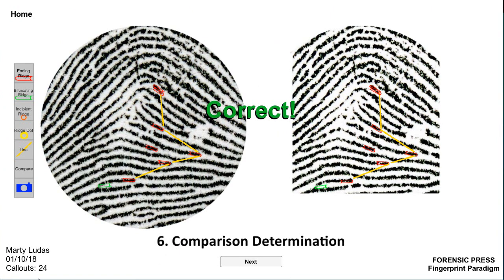As you can see, I marked 24 callouts, which meant there were 12 ridge features that I noted to be in compliant positions. Those are just the ones I documented. And now this chart shows my conclusion that it was correct, and I also have some charting that goes along with it.